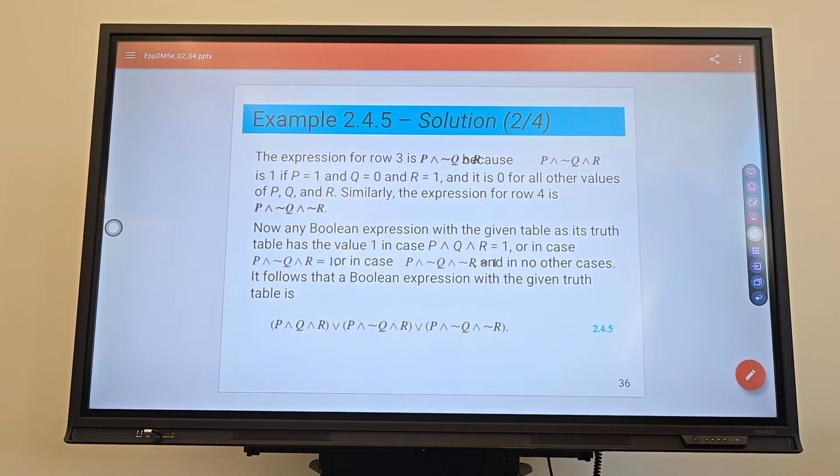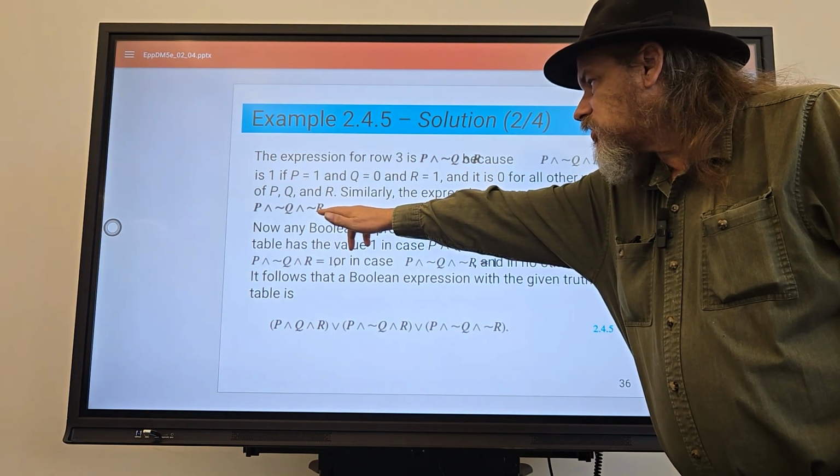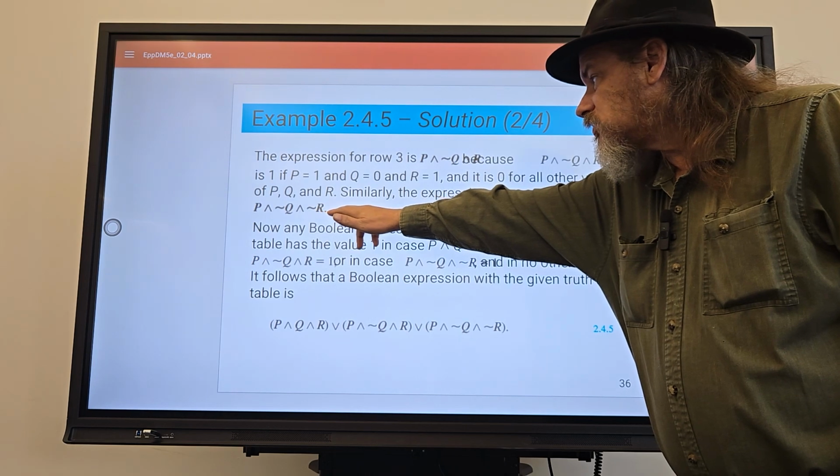Likewise, row 4 would be P and not Q and not R.